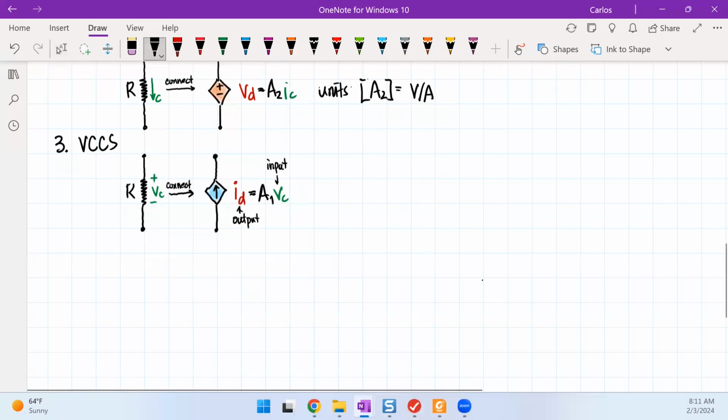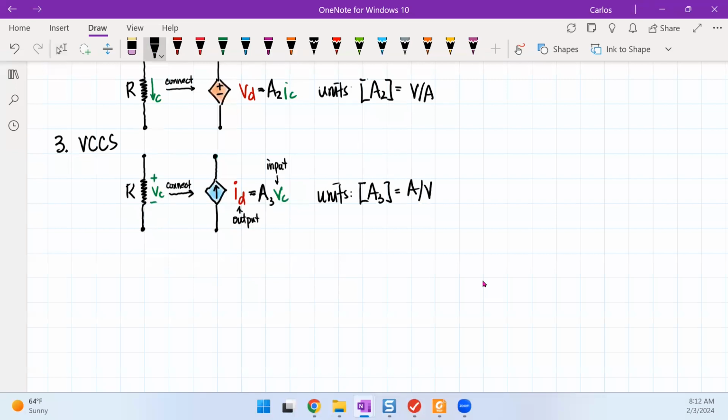Again, the units tell us that the gain must have different units, which in this case I should call A3. And this guy has units of amps per volt.